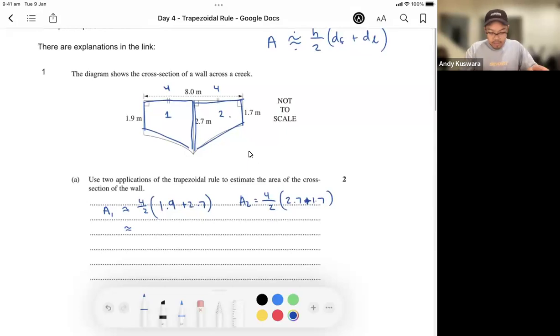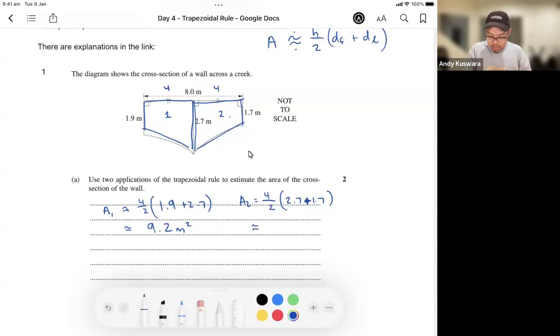So now if I calculate these together, it should be 2 times, should be 9.2 meters squared.